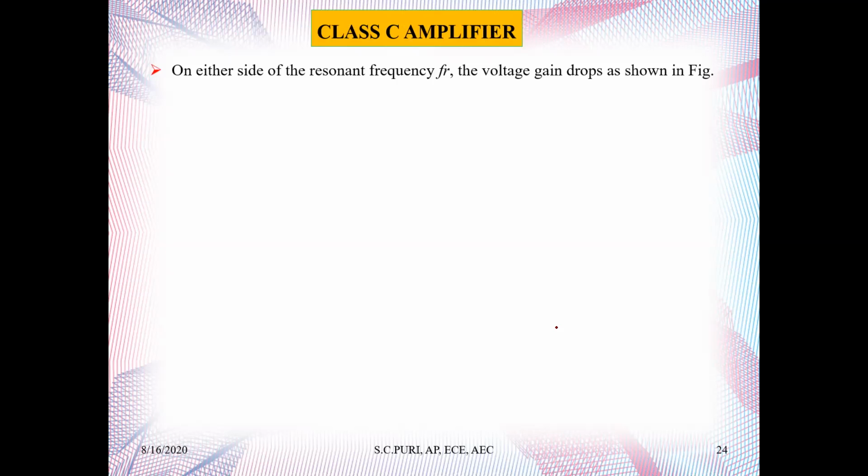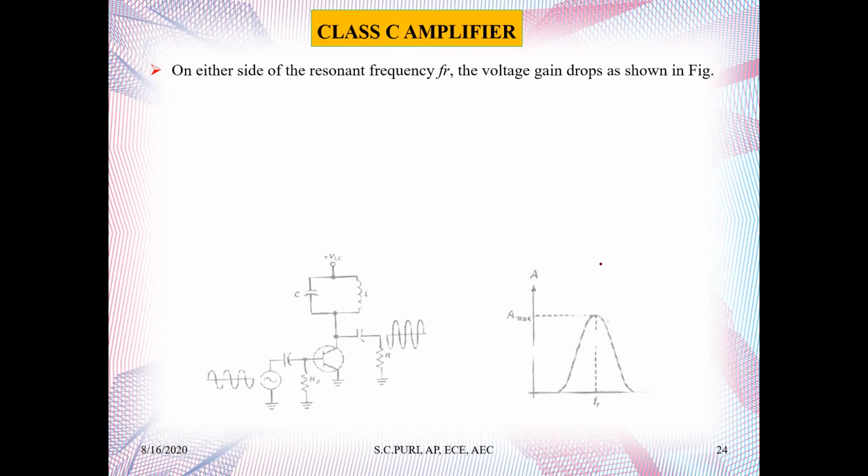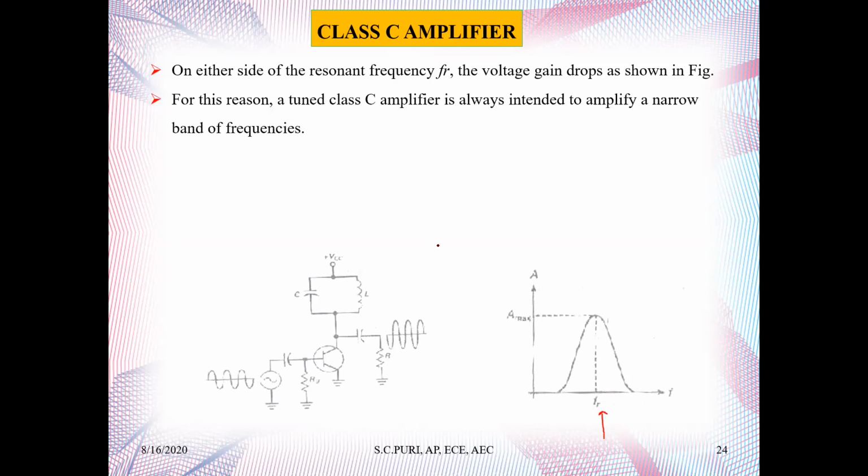On either side of the resonant frequency FR, the voltage gain drops as shown in the figure. You can see the voltage gain dropping like this away from the frequency of the tank circuit. For this reason, a tuned class C amplifier is always intended to amplify a narrow band of frequencies.